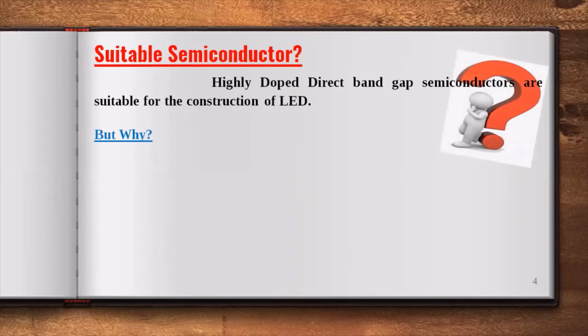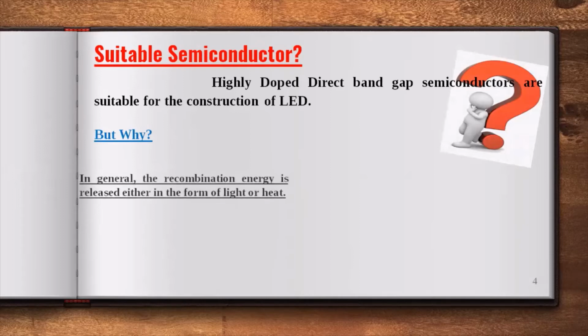From a recombination point of view, one is the direct band gap semiconductor and another is the indirect band gap semiconductor. In a direct band gap semiconductor, the electron of the conduction band recombines directly with the valence band hole, and the difference in energy is released in the form of a photon.